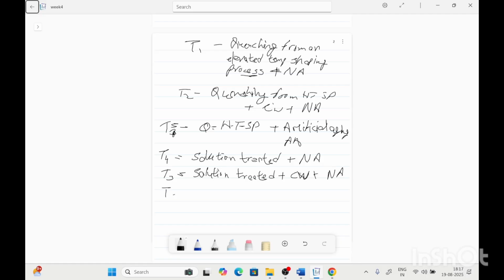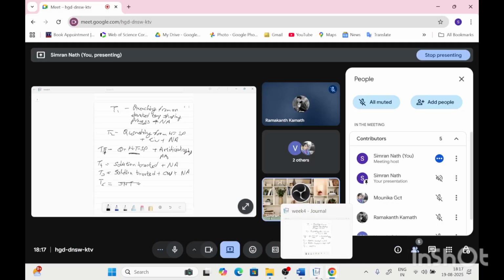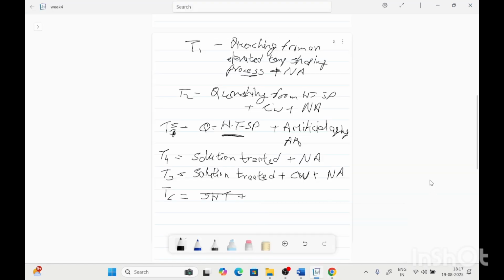Then T5 is quenching from a high temperature shaping process plus artificial aging. And then T6 will be solution heat treated plus artificial aged.